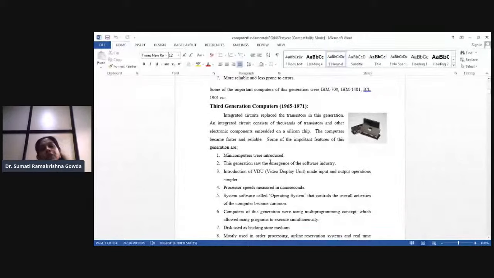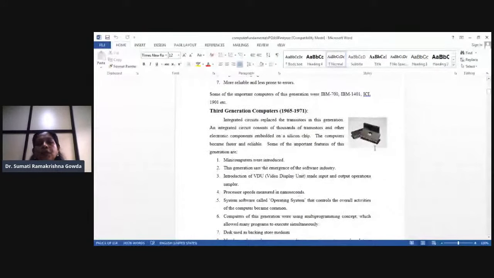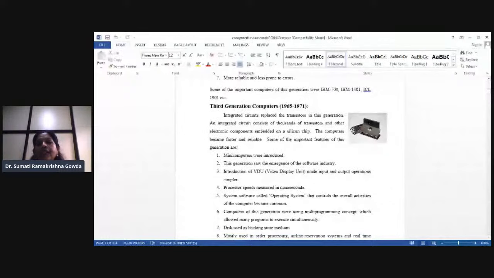The computers became faster and reliable. Thousands of these small transistors were replaced by one chip. This is the IC chip, the integrated circuit chip. Now you can imagine, it drastically changed the size of the computers.